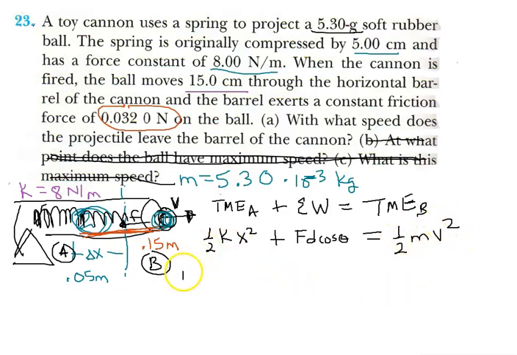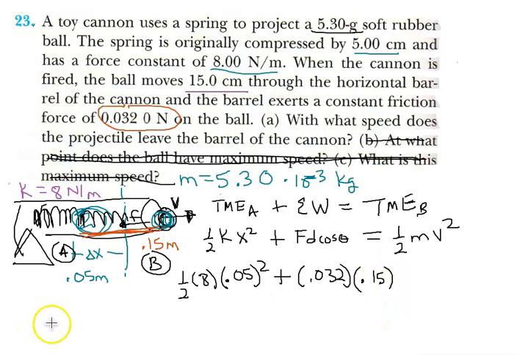All right, so let's plug in what we know. 1/2 times 8 times 0.05 squared. So our original energy, plus, we don't have to calculate friction, so that's nice. The force times the distance of the displacement, and the friction worked for 0.15 meters.